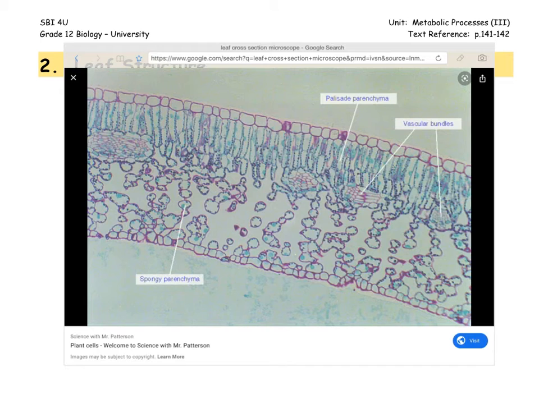That's just another term used for the same thing. You can see the nice organization of that palisade mesophyll layer, as opposed to our spongy mesophyll, which we see in here, with lots and lots of air pockets for gases to accumulate or to be stored.